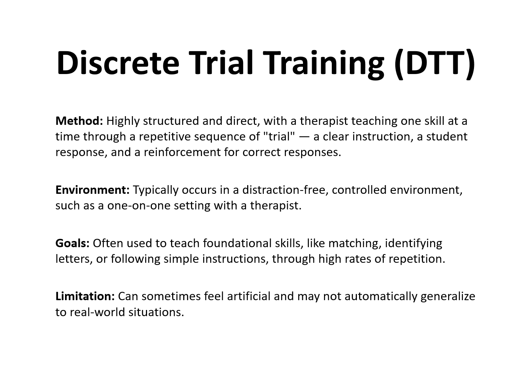It's not really like that now, but the idea is still to have as distraction-free an environment as possible, because then the child is able to focus entirely on the actual behavior that is trying to be modified. The goal of DTT is to teach a foundational skill like matching, identifying letters, or following simple instructions.